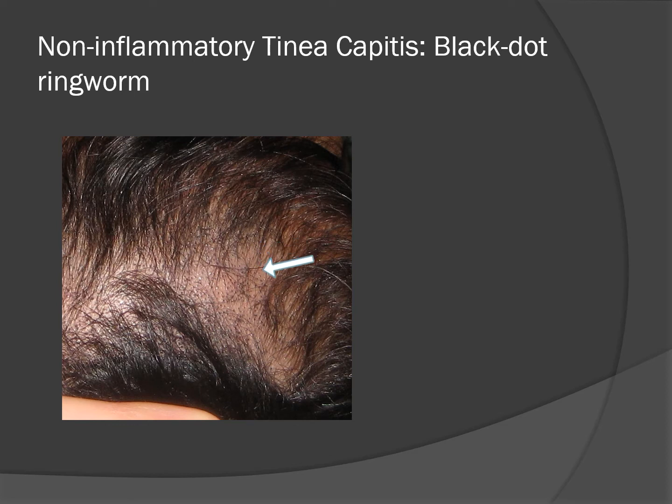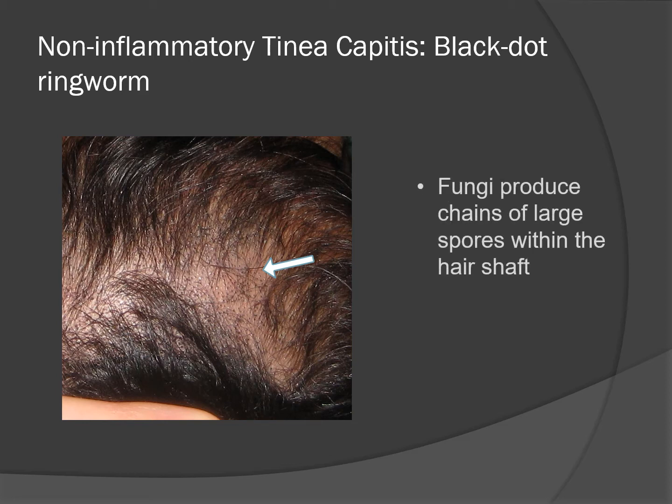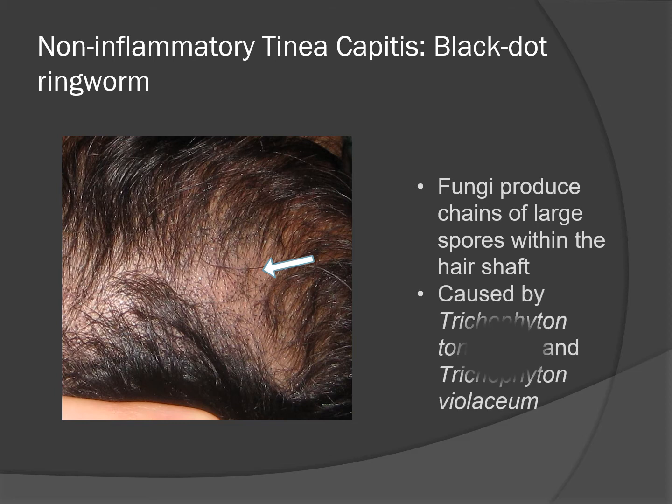It is so called because of the presence of these black dots within the scaly patch on the scalp. These black dots occur because the fungi produce chains of large spores that are located within the hair shafts and make them fatter. This type of Tinea Capitis is caused by Trichophyton tonsurans and Trichophyton violaceum.